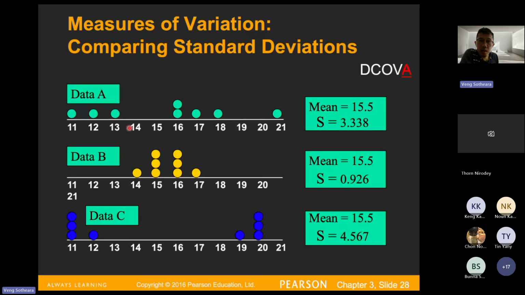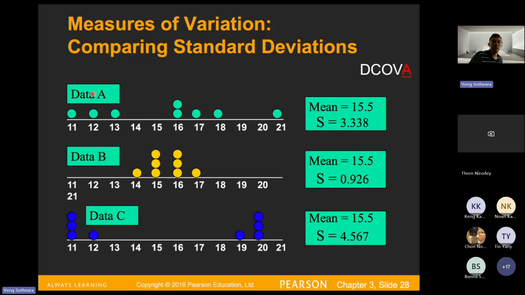Just look at how they are arranged and distributed. Which data set has the smallest spread? Can you look at those numbers?